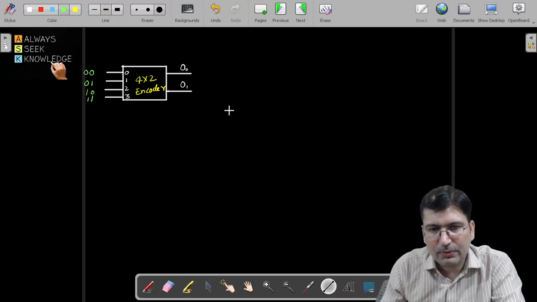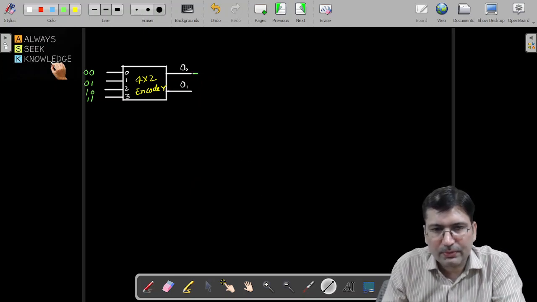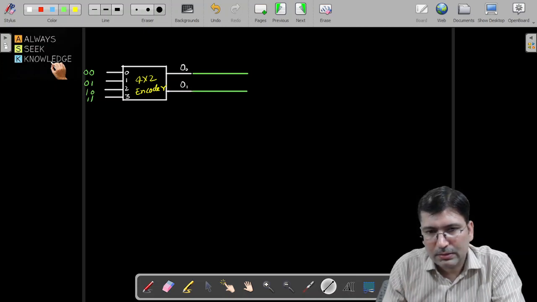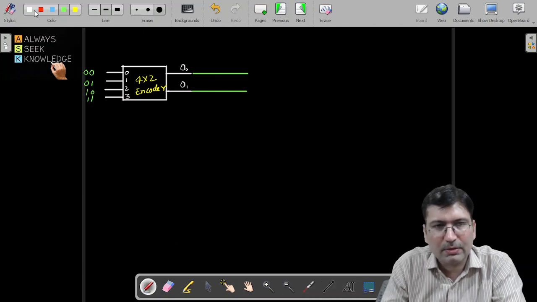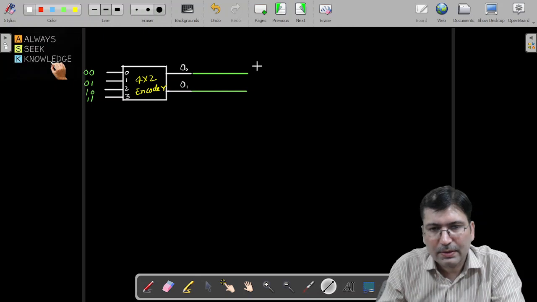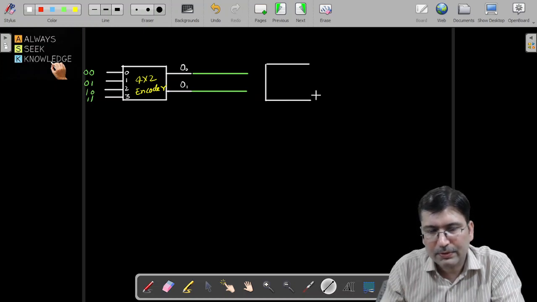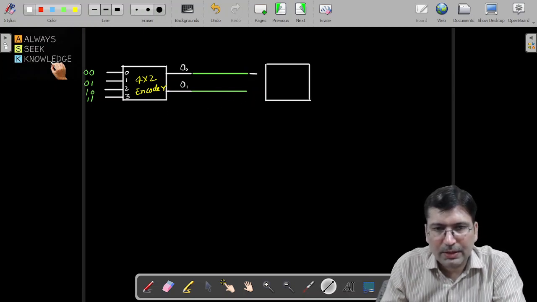So if we forward these lines to the other end, then the receiver will receive it. With the help of a decoder, so let's say there is a 2x4 decoder, which has 2 input lines and 4 output lines.